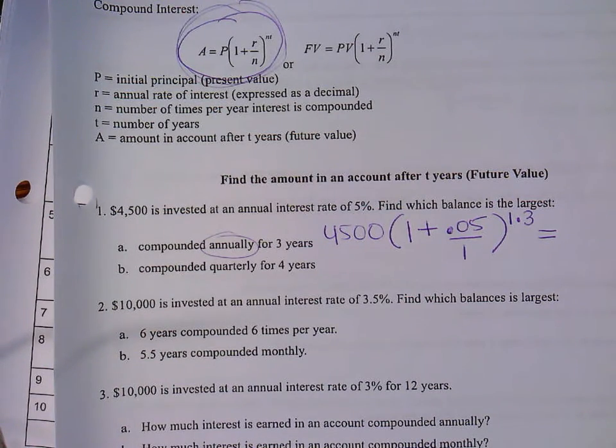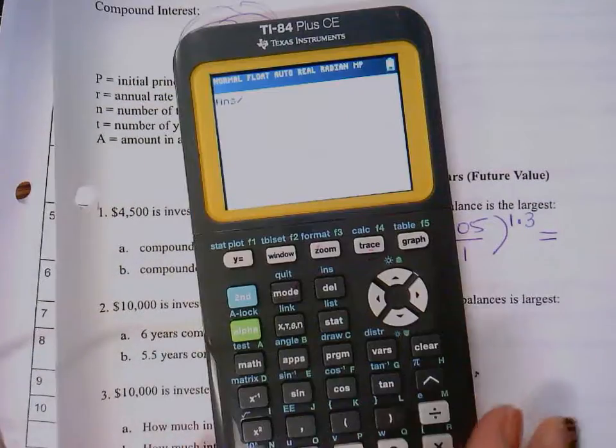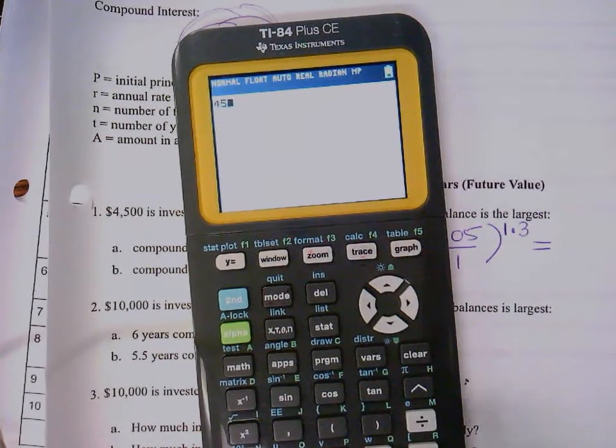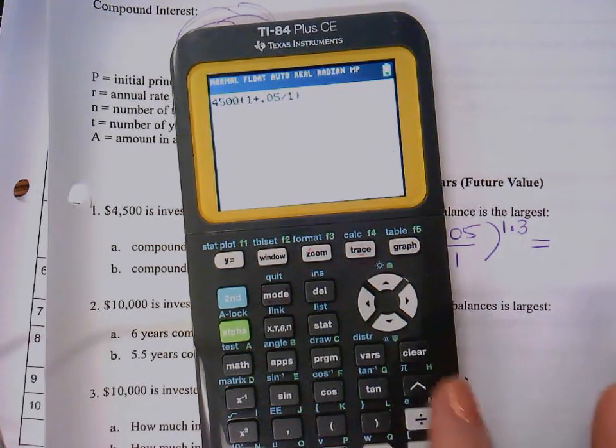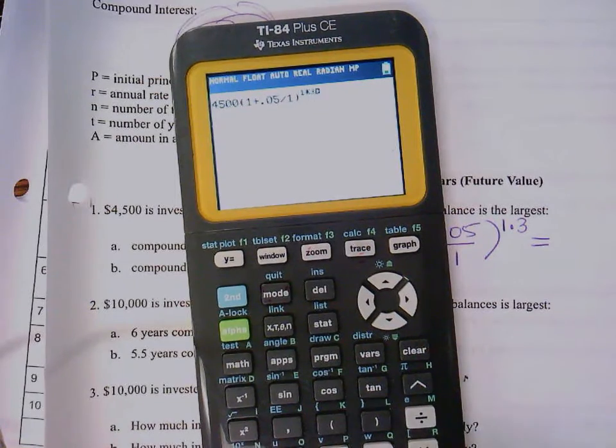So I need a calculator. Practice typing it in. If you did this on your phone, I think your calculator will also do this in one step. I just type it in: 4,500 parentheses 1 plus 0.05 divided by 1 parentheses raised to the 1 times 3 power.